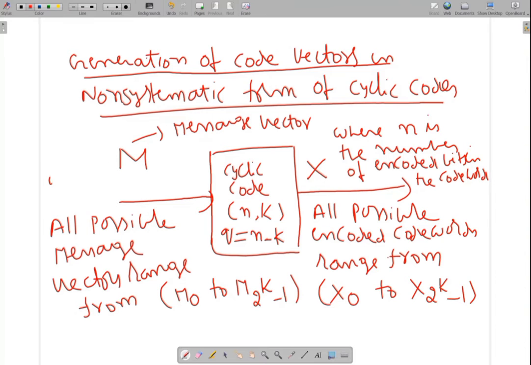Where small k is the number of message bits in each and every vector.